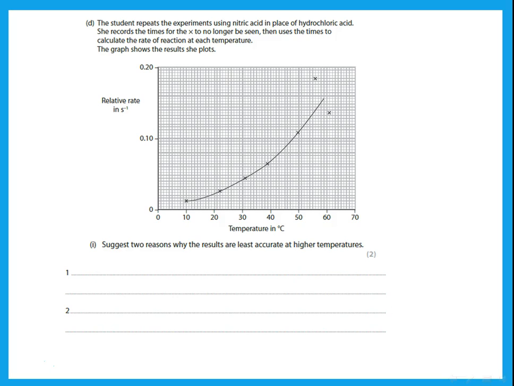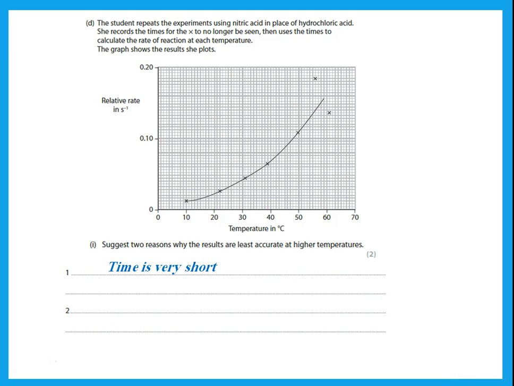So suggest two reasons why the results are least accurate at higher temperature. What is he measuring? He's measuring the time taken for the X to disappear. At high temperature, the rate is too high. So why do we get wrong results when the temperature is very high?